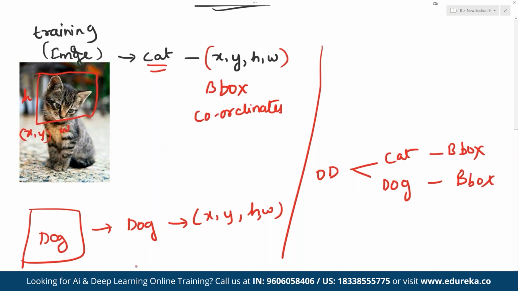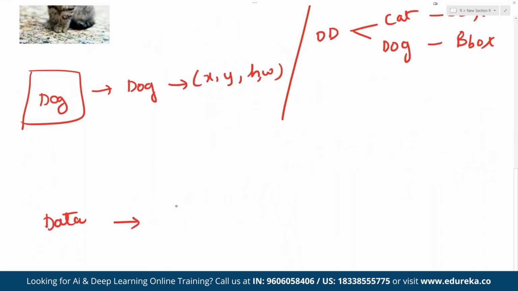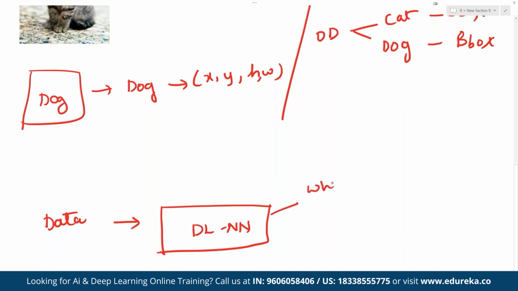Now I'll be using all this data with my deep learning neural network. Using this network, I'm going to train the model such that it learns to identify what is present in the image, and it also learns to identify where exactly the object is present if it identifies what.